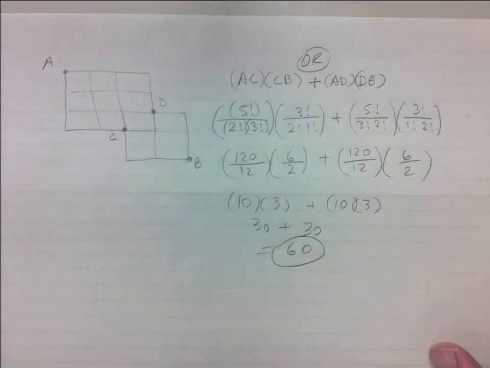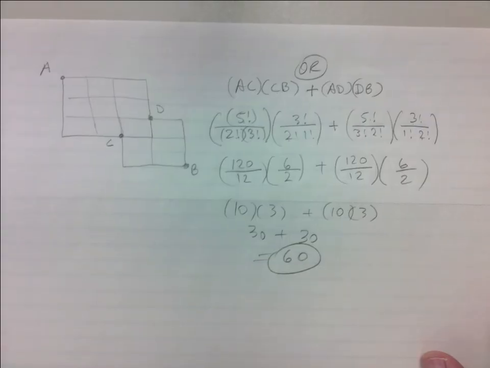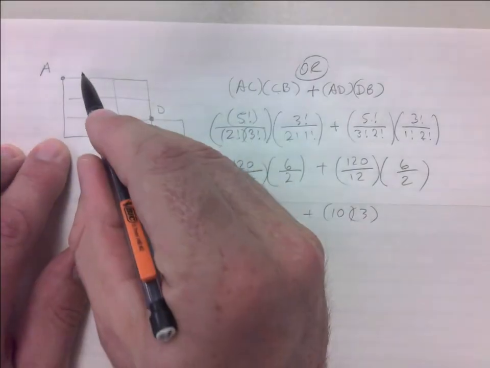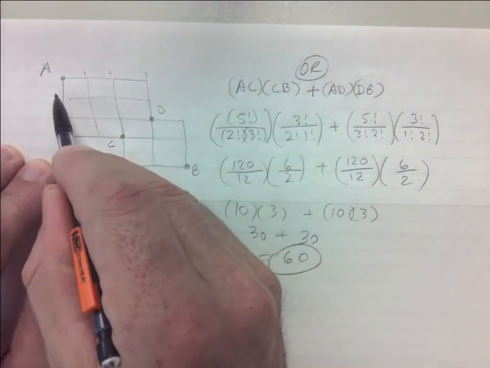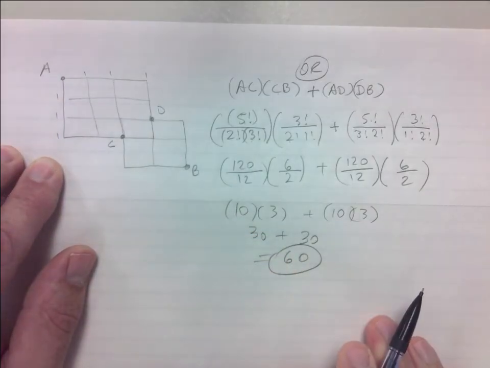That's the formula method. Let's do the counting method here. Okay, so this would be 1, 1, 1, 1, 1, 1. Same as before.